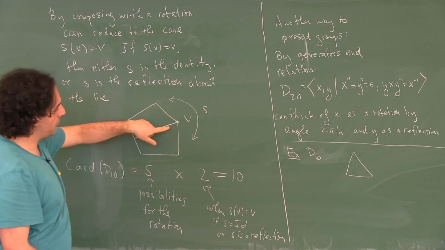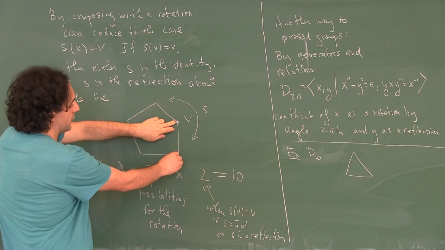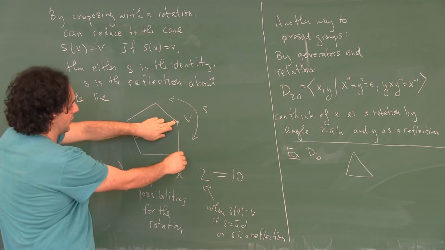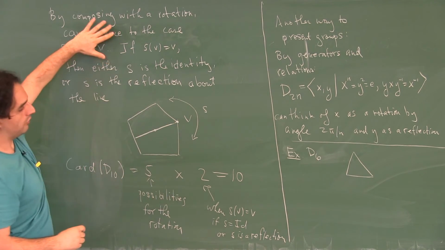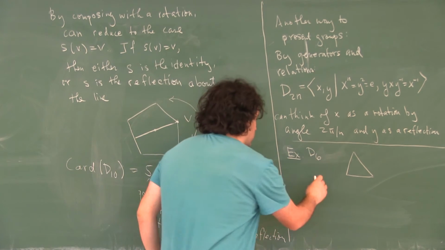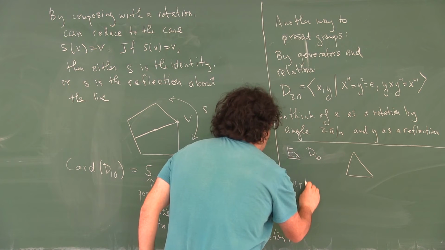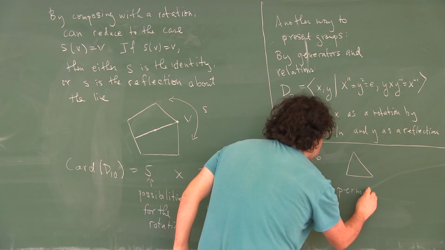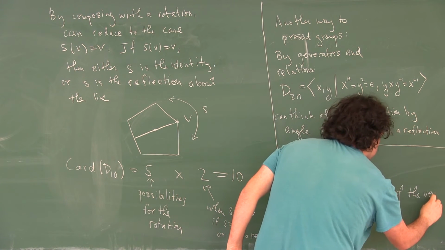For example, here in the pentagon, if we say that this vertex V maps to itself, then this vertex here has to remain close to this one. So either it stays where it is, or it has to go to that one. That's how we made this argument here. Here, there are no conditions like this, so we are allowed to do an arbitrary permutation of the vertices.